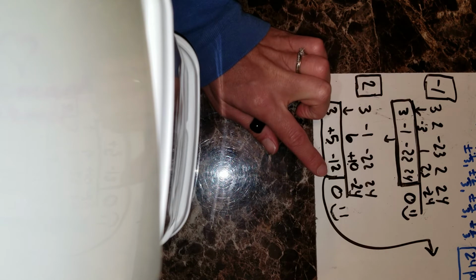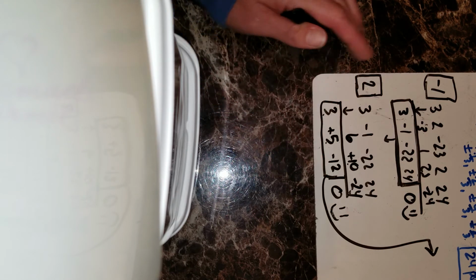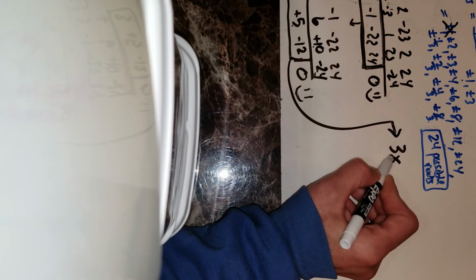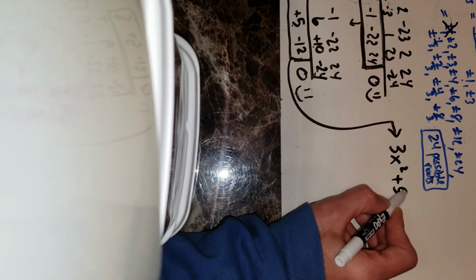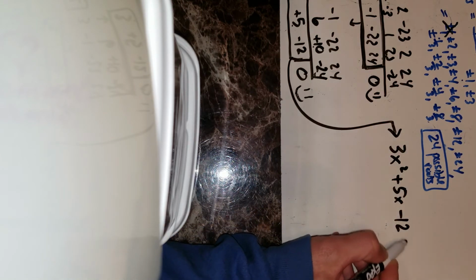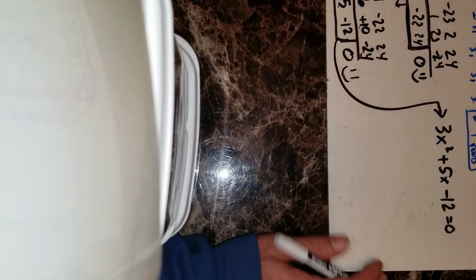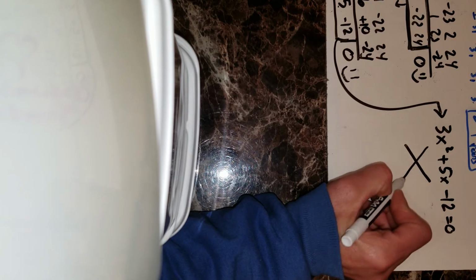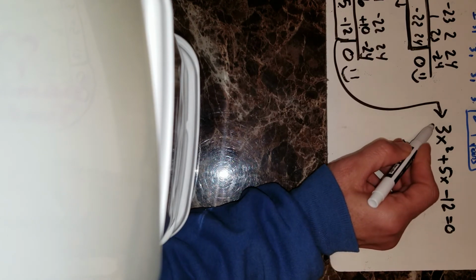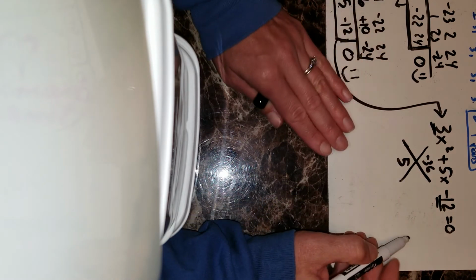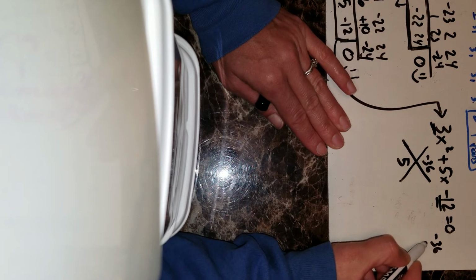There are 3 terms, so that means it's a quadratic. Once you have it down to a quadratic, you can go ahead and use the x method to factor it. So you remember you times the first and the last, which gives you negative 36. And then the middle term comes down here, and then you do the factors of the top number.